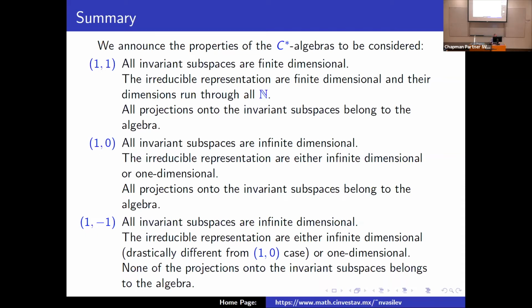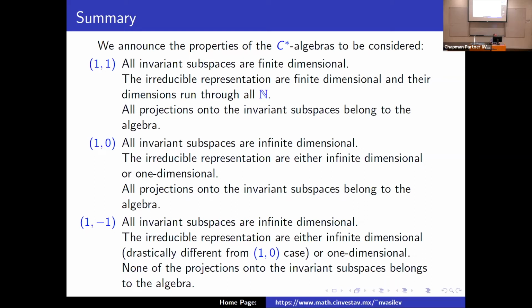Although all invariant subspaces are again infinite dimensional, and all irreducible representations are again either infinite dimensional or one dimensional, they are drastically different from the representations of the previous case. But surprisingly, none of the projections onto invariant subspaces belongs to the algebra. This differs from the previous cases: in the two previous cases all projections do belong to the algebra, in the third case none of them.